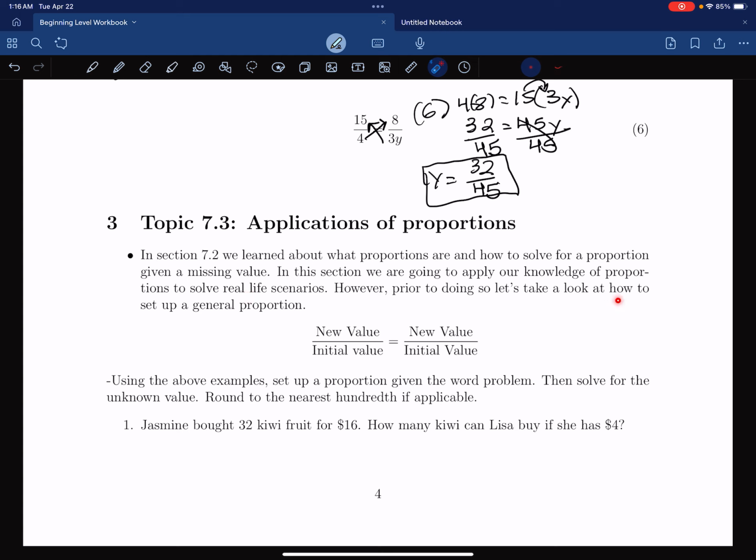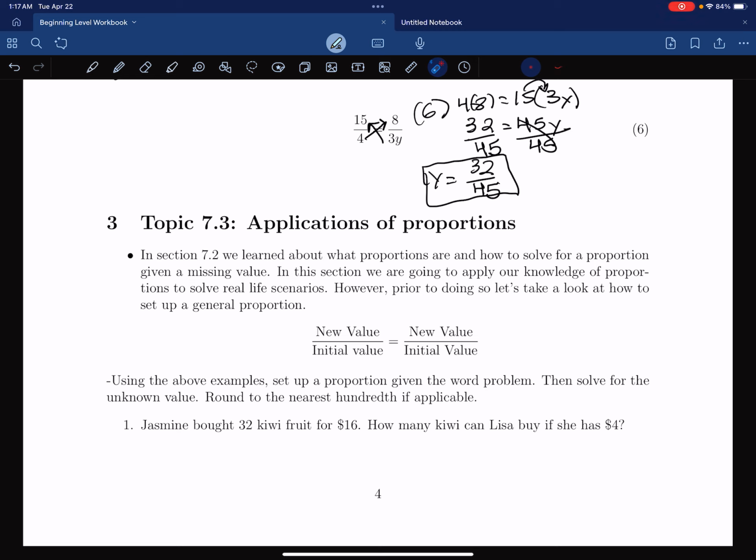However, prior to doing that, let's take a look at how we would set up a general proportion. So there's this general proportion, the setup of a general proportion, where we take an initial value of a given ratio as the denominator of a fraction, and then we take a new value of this given ratio, and then we can set this fraction of this ratio equal to another equivalent ratio with this ratio's initial value and new value.